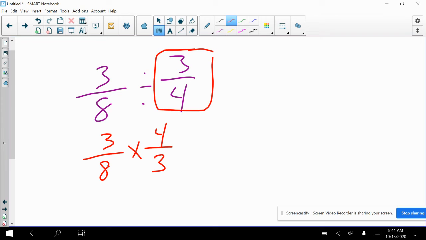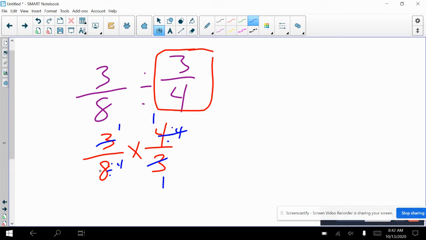Okay, with that said, now this brings you back to lesson 2-3. What do we look to do here? What do you look to do when you have multiplication of fractions? What was the first thing I asked you to do? Cross reduce. It's going to make your life so much easier. Okay, look at this. 3 goes into 3 one time. 3 goes into 3 one time. We divide by 4, we get 1.